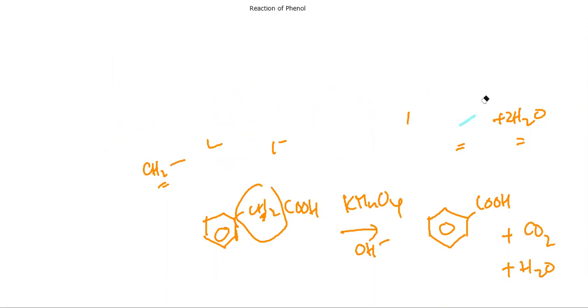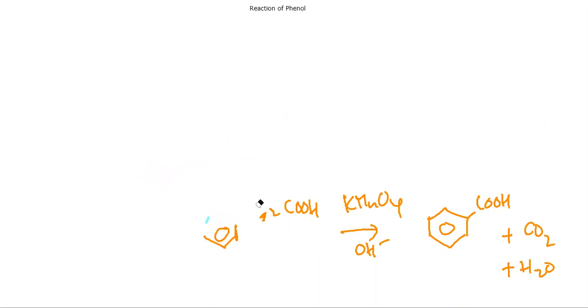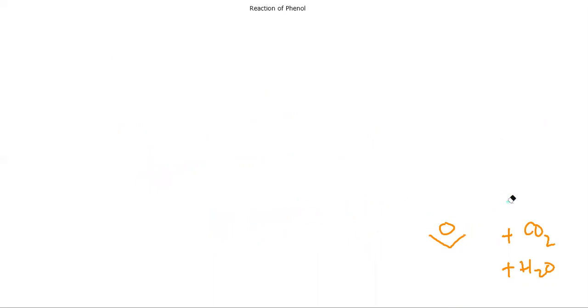So phenol, basically you have a benzene ring with OH attached to one of the carbons in the benzene ring. You can show the reactions using carboxylic acid.